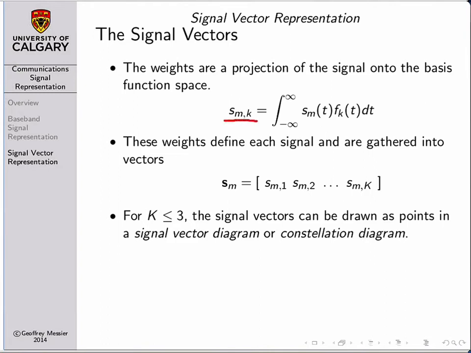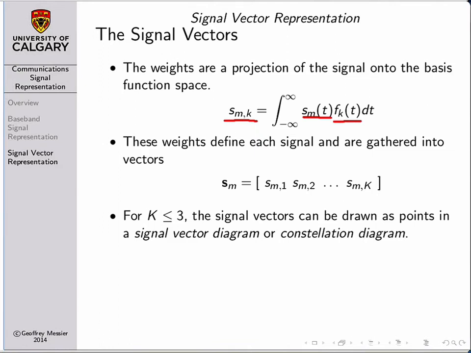So in that case, m would be equal to 2 and k would be equal to 3. Then we take the second modulated signal, in this example S2 of t, multiply it by the third basis function signal, F3 of t, integrate, and then you get the weight. And that's basically taking the projection of that modulated signal onto that particular basis function. So that's how you generate the weights.